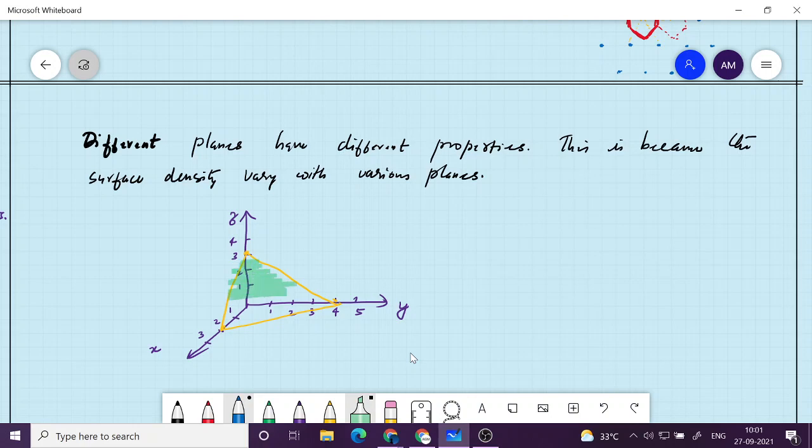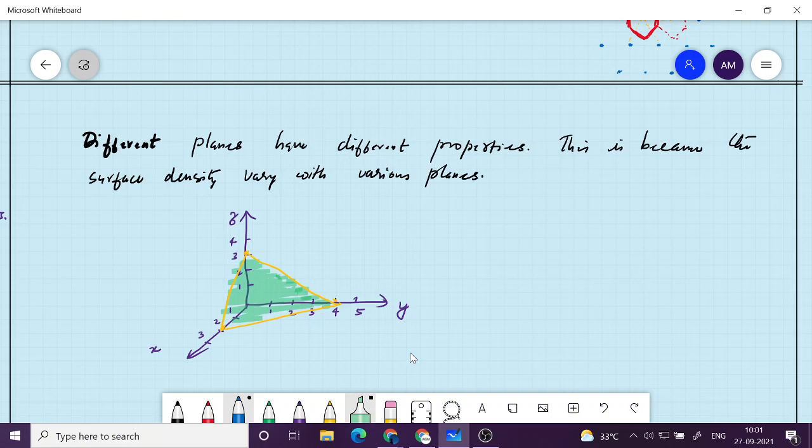So this is the plane. So this plane can always be specified with its x-intercept, y-intercept, and z-intercept. So in coordinate geometry, probably you might have studied the equation of a plane, and you can write the equation of a plane if you know the x-intercept, y-intercept, and z-intercept.